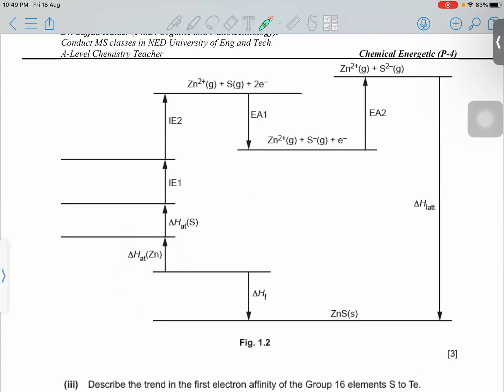Zinc is solid, so first we convert zinc solid to zinc gaseous. Then we convert into ions, and then into zinc plus 2.